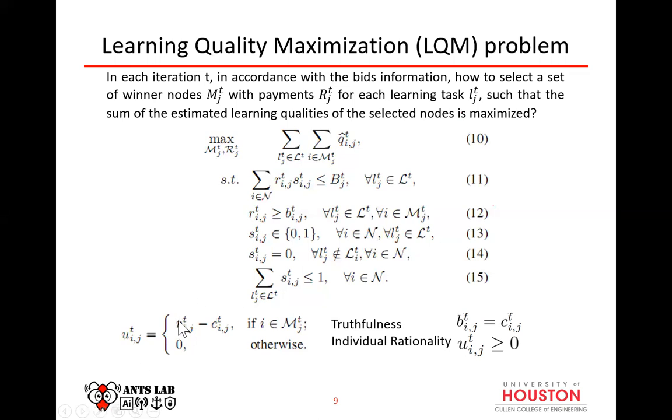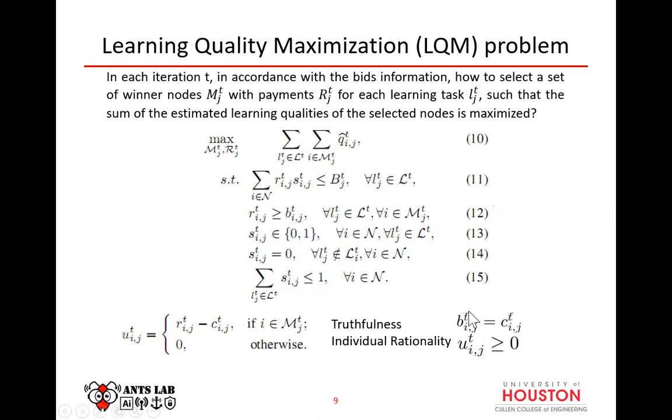And the proposed incentive mechanism needs to satisfy two constraints. The first is truthfulness, which means that for node i, its bid price is equal to the learning cost.